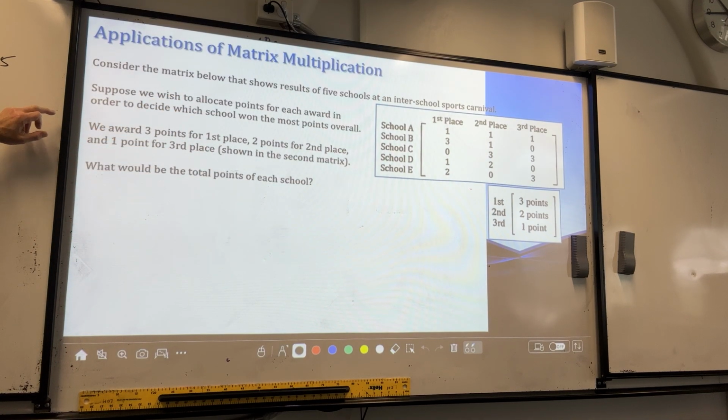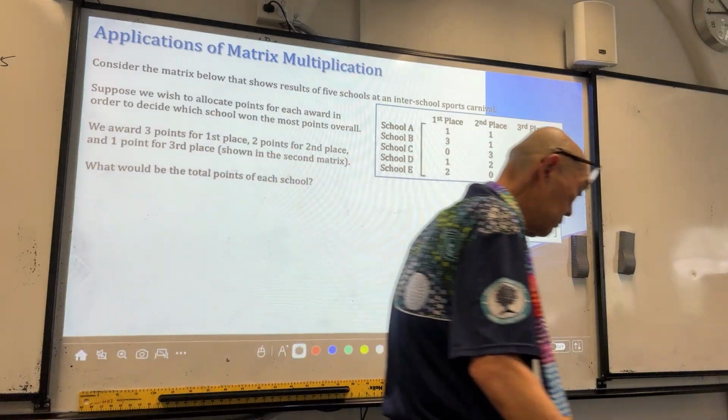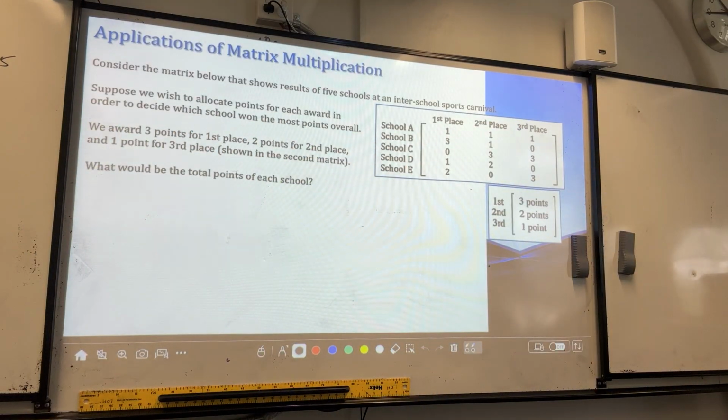So awarding 3 points for first place, 2 points for second place, and 1 point for third place, as shown in that diagram, what would be the total? You can use matrix multiplication to do this. Let me show you. I know that I want the total points. What is the order of this?